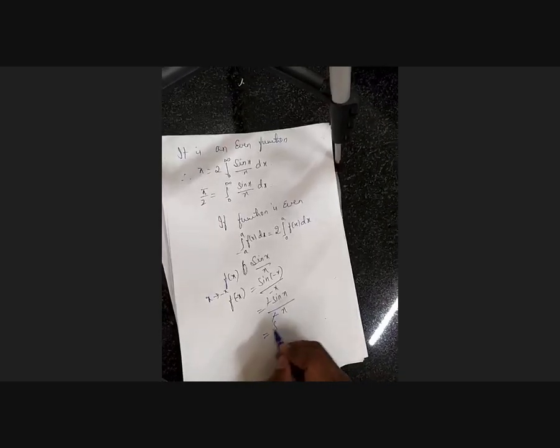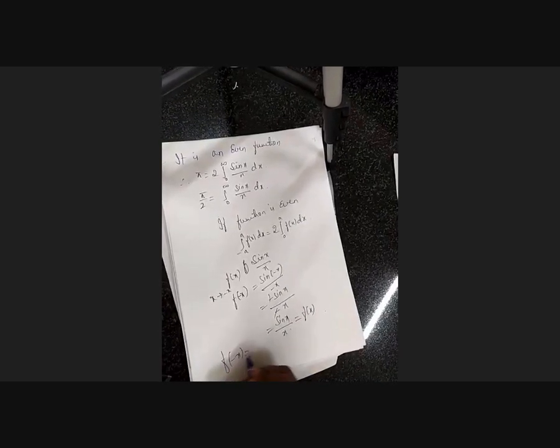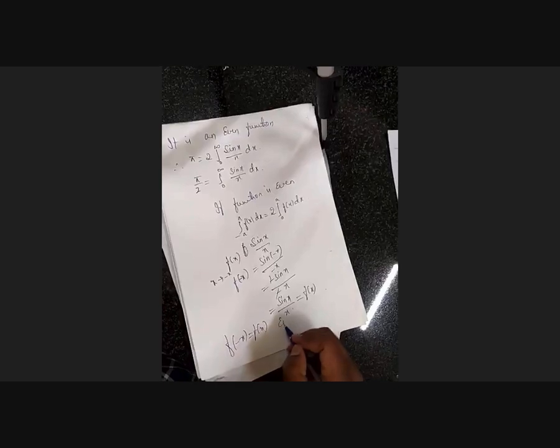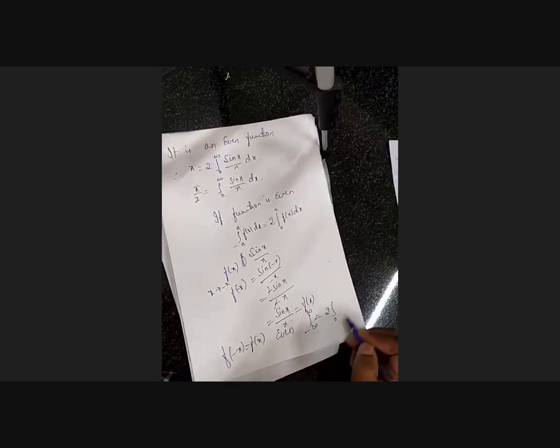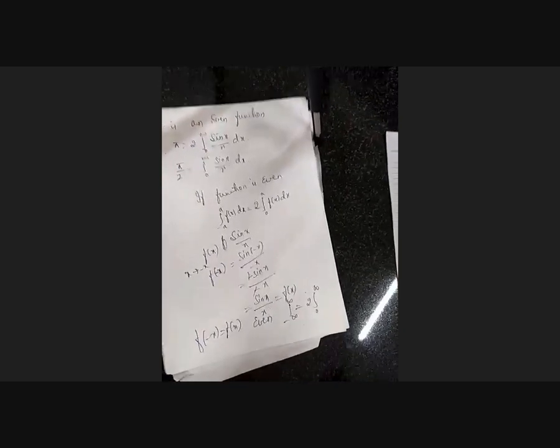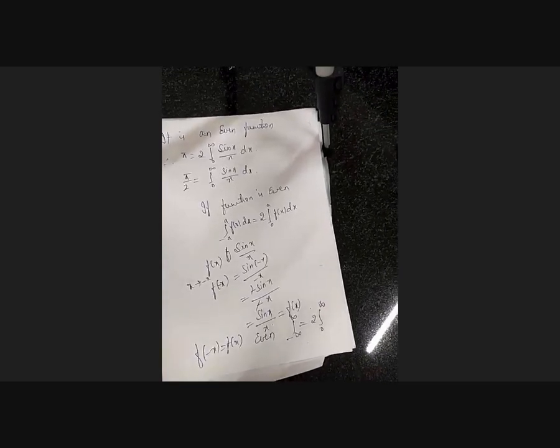This minus gets cancelled: sin x by x. We are getting back f of x only. So f of minus x is f of x. Hence even. Even means minus infinity to infinity you can change to 2 times 0 to infinity. Okay, like this it will become 0 to infinity. Understood?